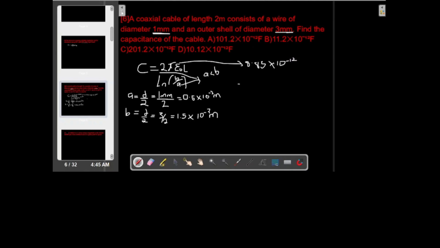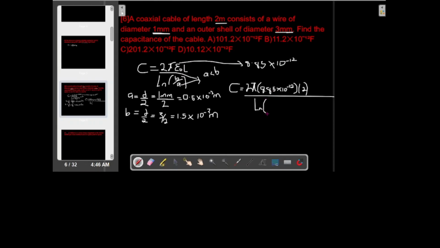So we can input our values now. C is equal to 2 pi, our value of epsilon, 8.85 times 10 raised to power minus 12. Then multiply by the length. You see there's still length in the numerator. What's the length from the question? 2 meters, so multiply by 2. Everything divided by ln, the natural logarithm of b over a.